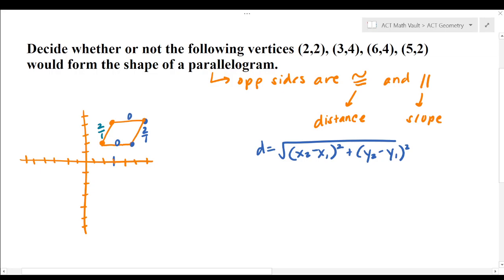That would be 0 and 0. That would tell me that just based on the slopes, that is a parallelogram. We can bring that number 3 back. This is 3 units long, this top and the bottom. And then we could also use the distance formula to find the other set of lines as well. So it's up to you using distance or slope.